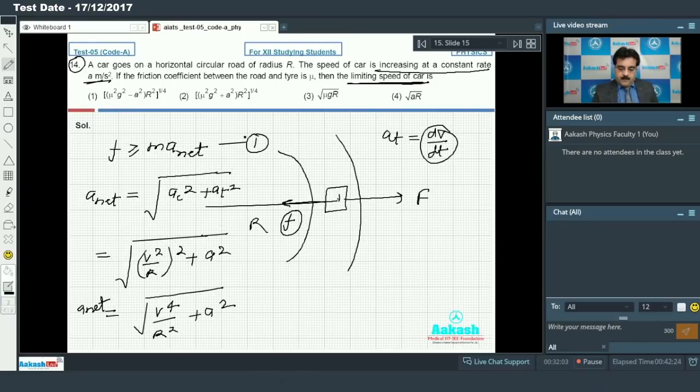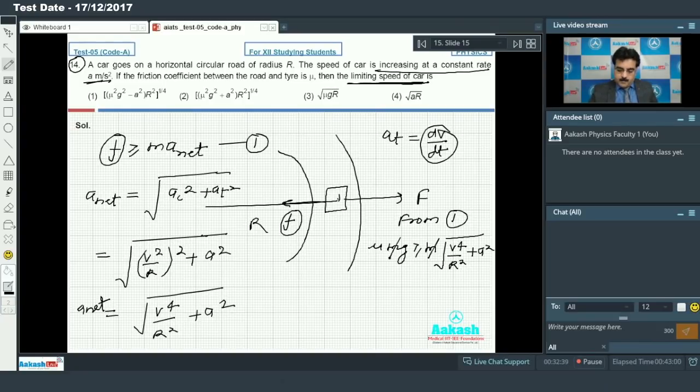And if I use the value of net acceleration in equation number 1, first I am going to write the value of friction force, mu mg greater or equal to ma, the value of m, and I need to place the value of net acceleration, that is root of v to the power 4 upon r square plus a square.